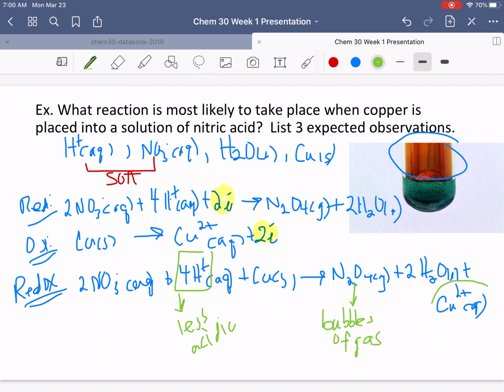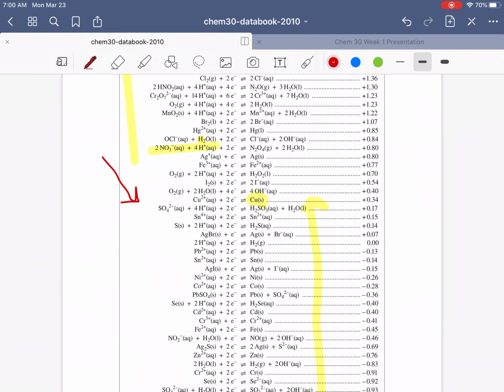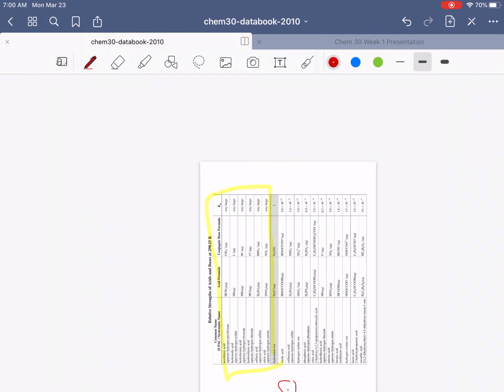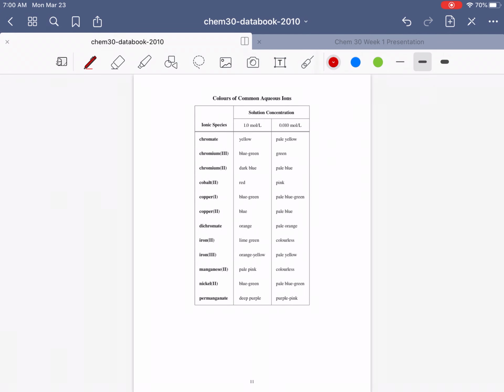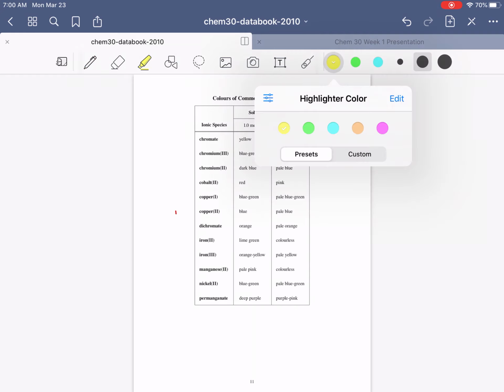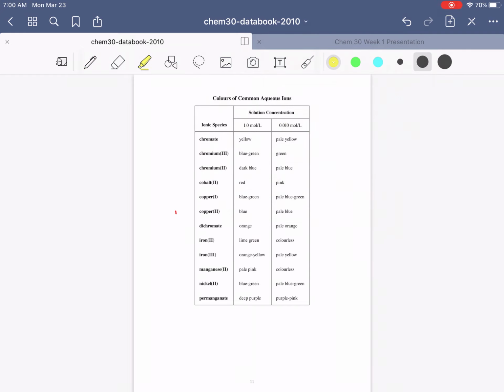And this is something to take note of. Observations are really, really helpful to look at on page 11 of your booklets. So go back to your booklet, and if you check out page 11, look what we've got. When we have copper 2+ that gets formed, we see a color change.